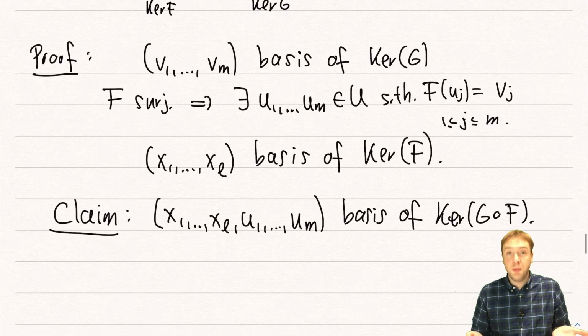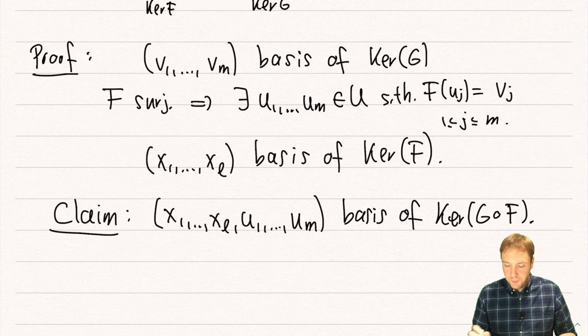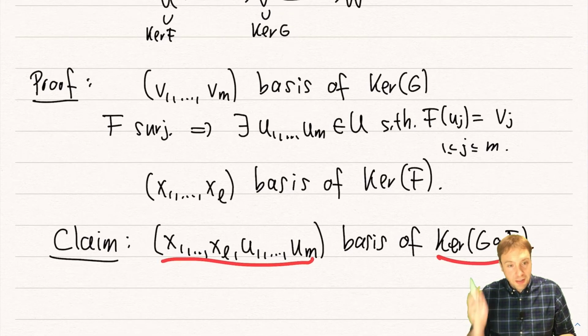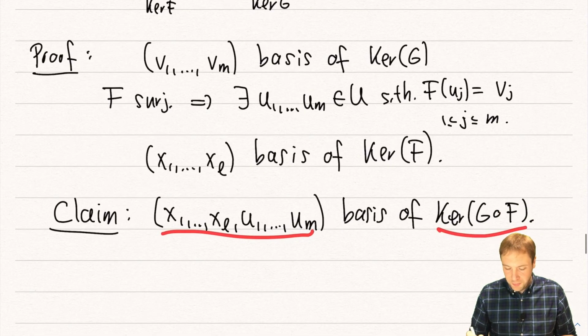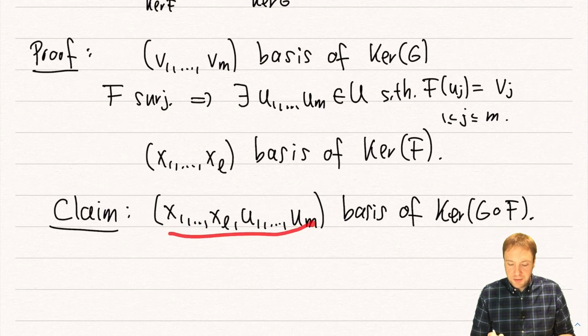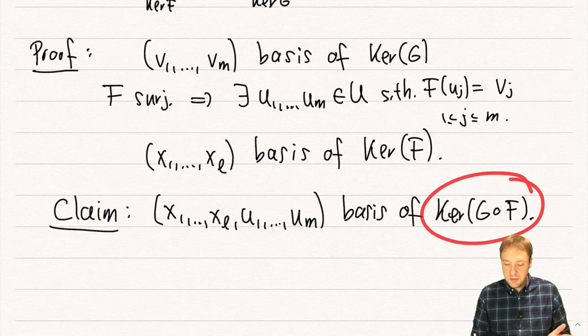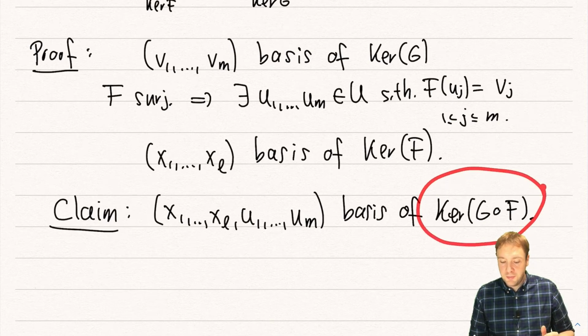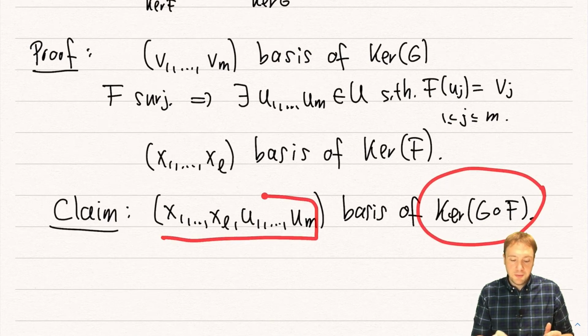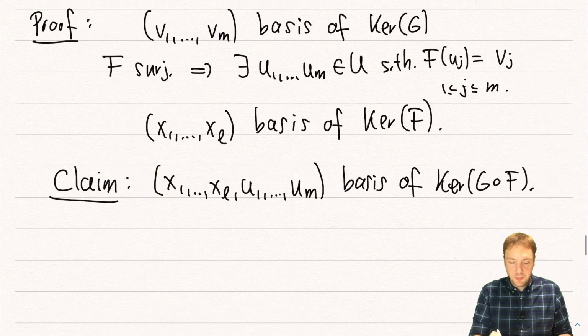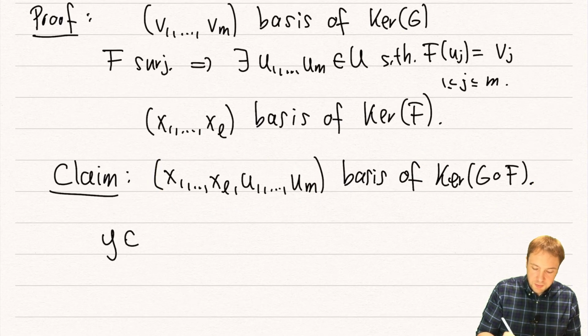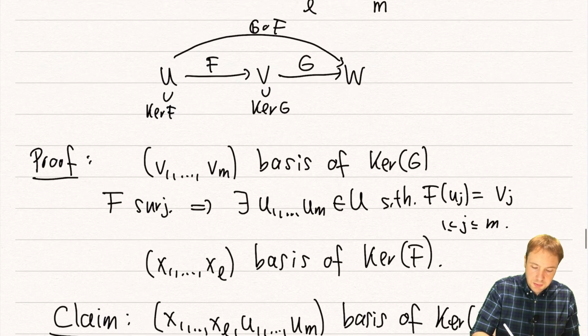And so for this we need to show that, well, first of all, clearly they are elements in the kernel, but we need to show that they are linearly independent and that they generate this kernel here. So in other words, for any element in the kernel, we need to show that we can write it as a linear combination of these x and u. Therefore we start with some element y in the kernel of g circle f. So y lives here.